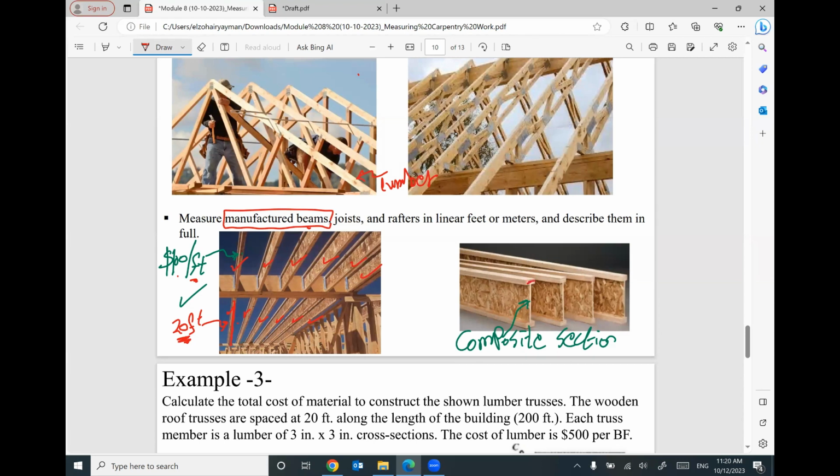So we have a piece, another piece, different piece, fabricated together or erected together to create this member. In this case, we are going to use the linear measurement, linear foot or linear meter, whatever. And the cost will be per linear foot, 1 foot. So in this case, I'm going to measure the length, the total length for these members.